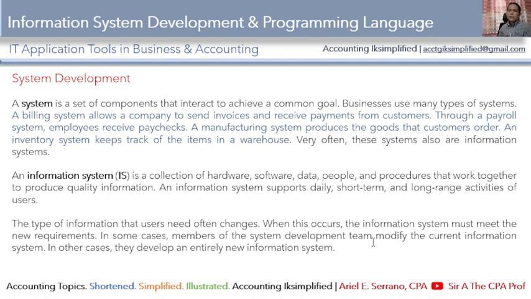But time changes, and so are the requirements, yung mga user requirements. And when this happens, sometimes the information system that is being used by a company becomes outdated or sometimes obsolete. So, kinakailangan ng panibagong system at dito pumapasok yung system development. Okay? So, it's either we have to modify the existing system o kaya naman entirely develop a new information system.